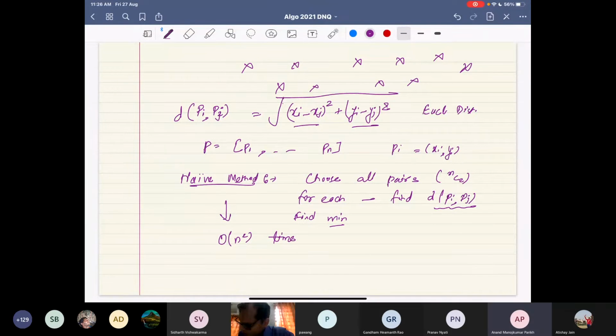Sir, we can make pairs x comma i and y comma i. Then we'll sort both of them in increasing order, and then for consecutive x's we will check the distances. So in O of n log n, I think it will be solved. Okay, but are you using divide and conquer or no?